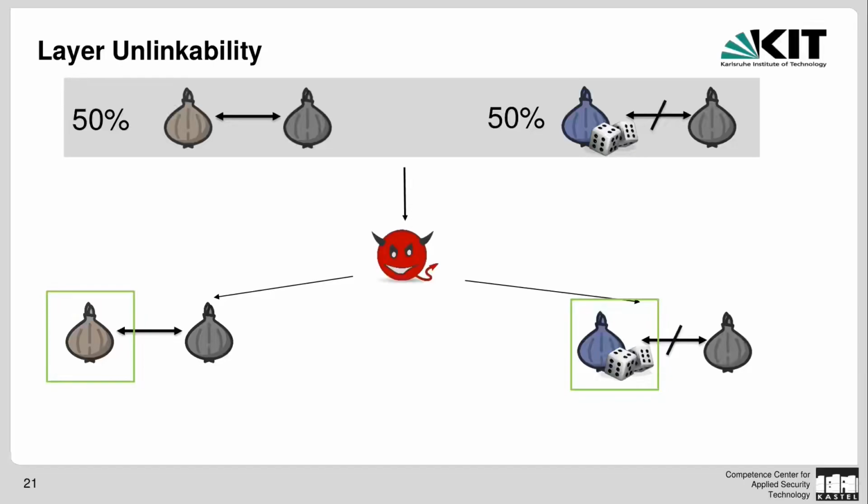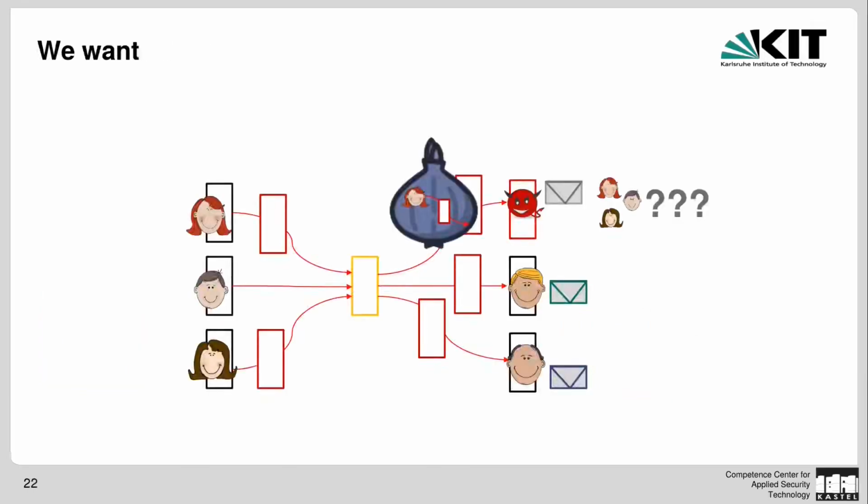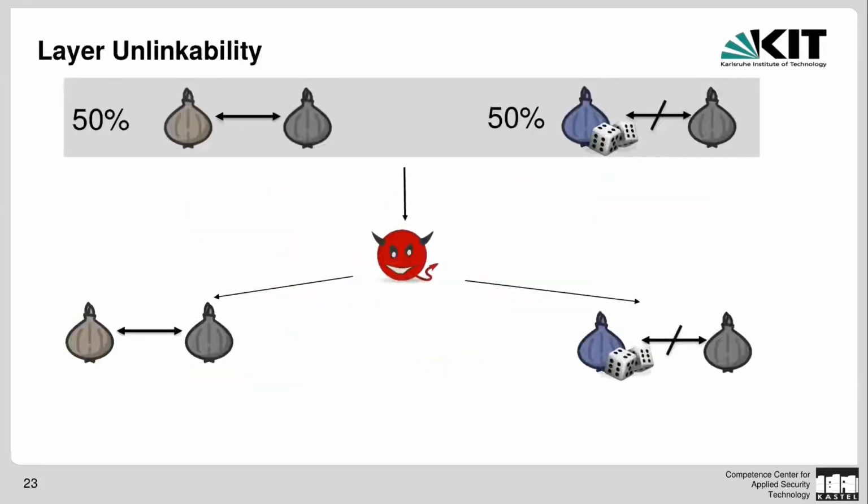So we already covered this one with layer unlinkability. Let's look at what else we wanted. Well, we wanted to make sure that late onion layers do not leak anything about the history before the honest relay. Well, let's look at layer unlinkability again. This is not already covered, as in both cases the adversary gets to see the same onion layers at the end of the path.